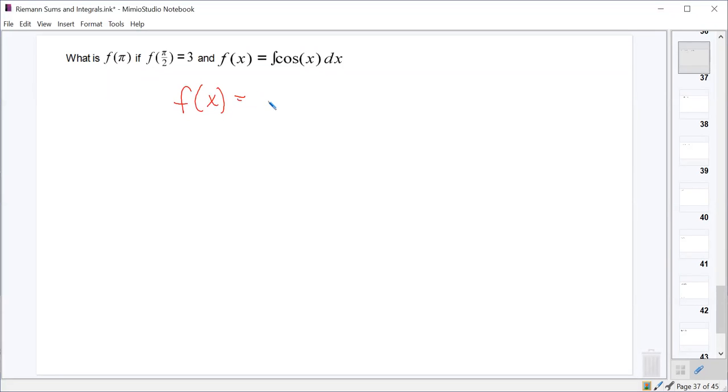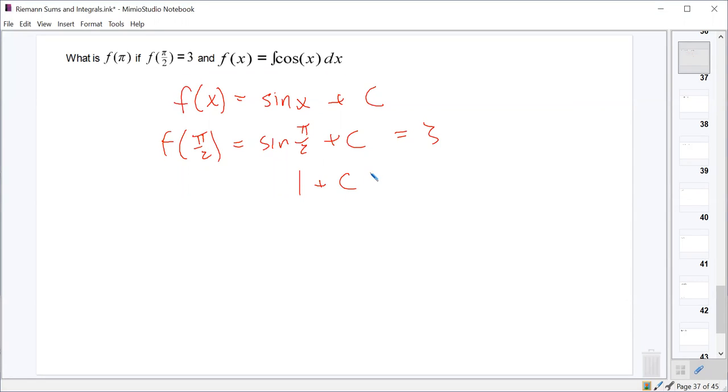What's the integral of cosine? Sine x plus c. f of pi over 2 ought to be sine of pi over 2 plus a constant, and that needs to equal 3. What's the sine of pi over 2? 1.